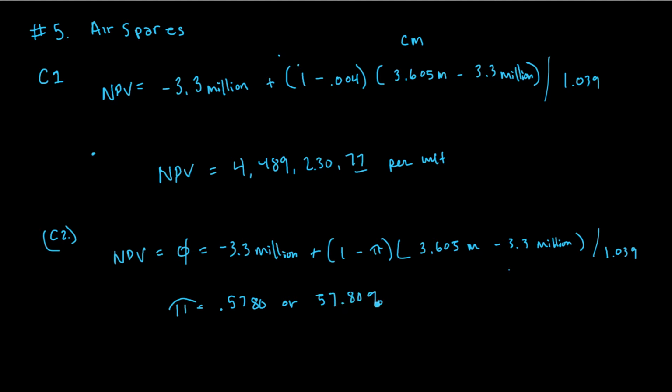So we would not accept the order if the default probability was higher than 57.8%. Now this default probability is much higher than the one we calculated in part B, right? Why? Well, because the customer may become a repeat customer. So that's why the default probability differed there.